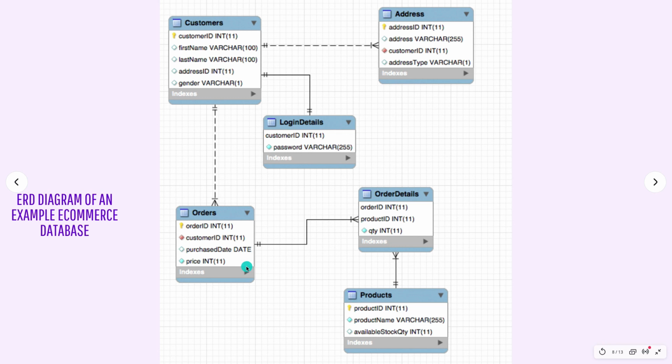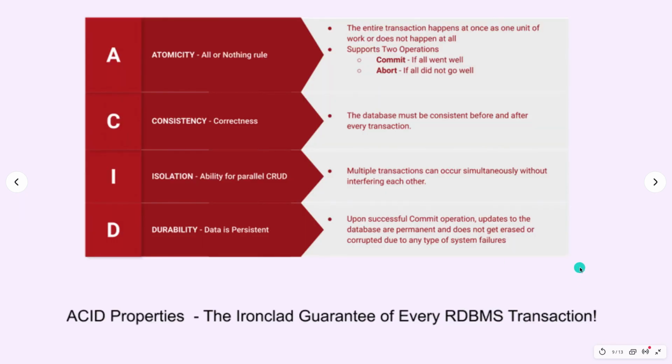And of course, there is no direct many-to-many relationship that can be represented. It has to be through a one-to-many relationship with a join table. So this turns out to be the join table, which has a one-to-many relationship between this and orders, and a one-to-many relationship between products and order details table.